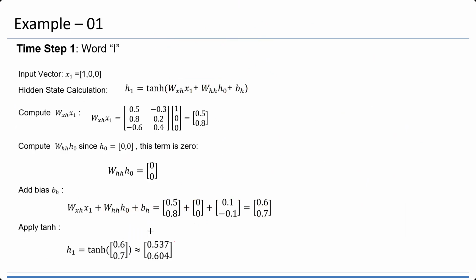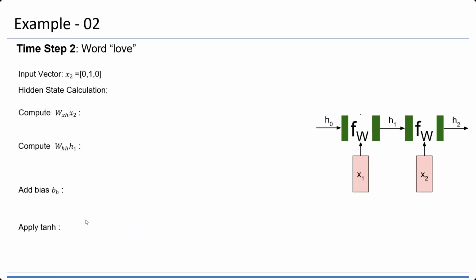Now the final result of the H1 is 0.537 and 0.604. So this is the H1. So we have the H0, we put it into the formula with X1 and we get H1. After we have the H1, now we move to the second stage.